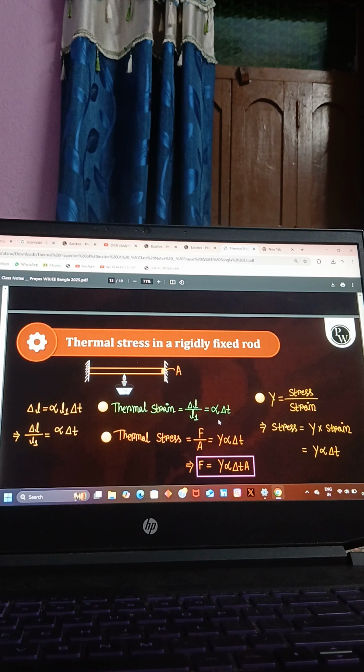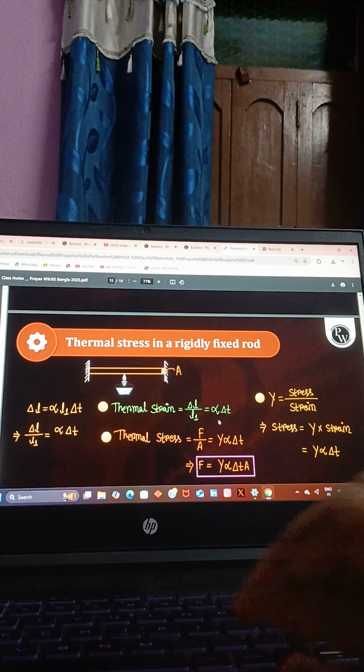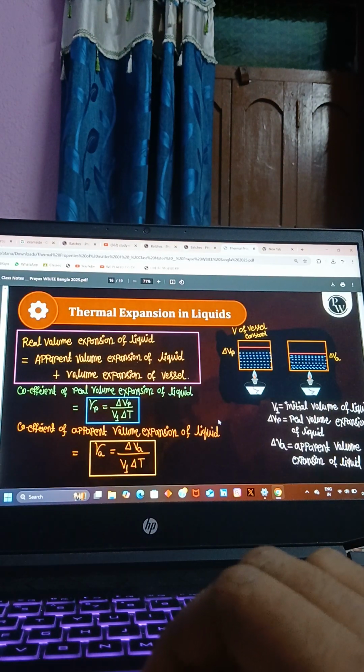If we think of Hooke's law, stress is directly proportional to strain, so from the properties of solids and liquids, we can find that Y equals stress divided by strain, and stress divided by strain gives Y alpha delta theta. Okay, let's move to the next point.